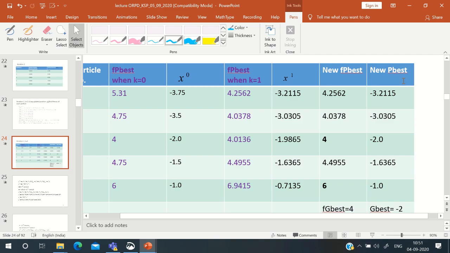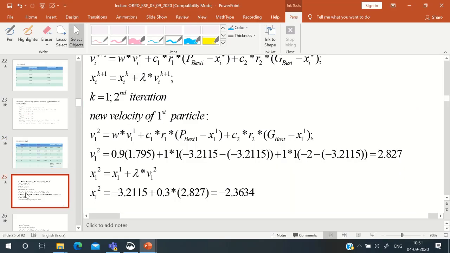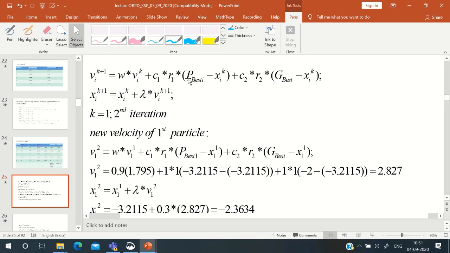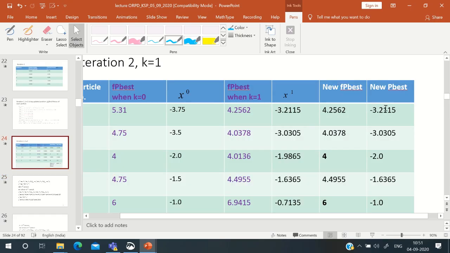In the next iteration, in the second term, p best will be considered as -3.2115, and the current position will be subtracted from the new p best position.